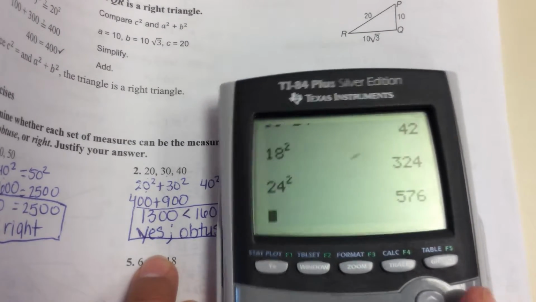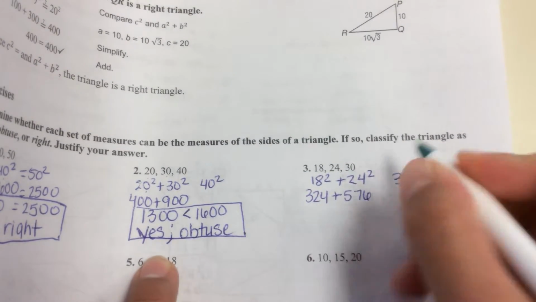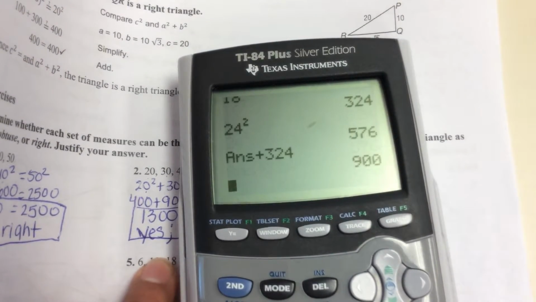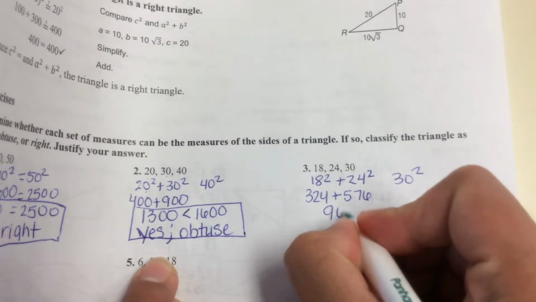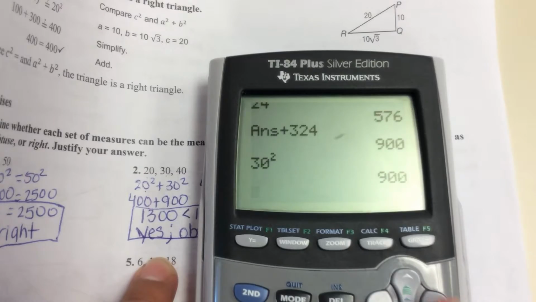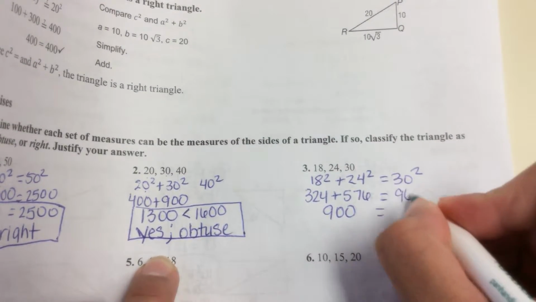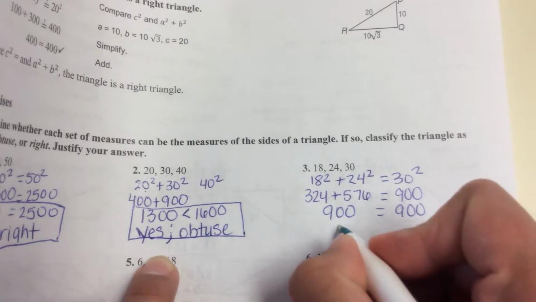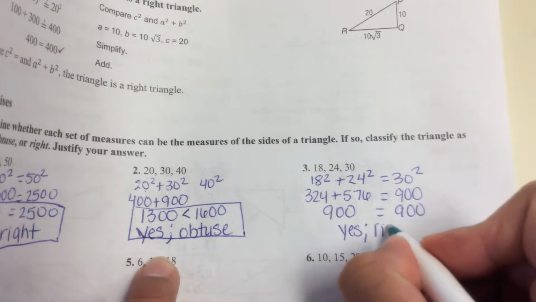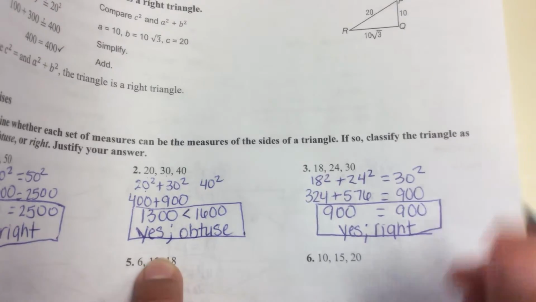So 324 and 576. When you add those up, you get 900. 30 squared gives you 900. So these are all equal to each other, which means yes, it can form a triangle, and it is a right triangle. Sorry about that.